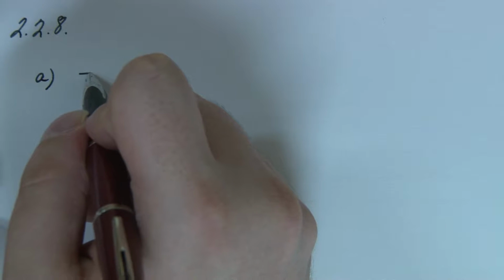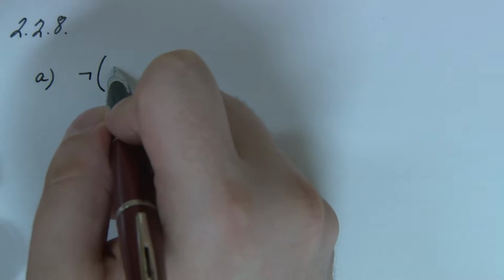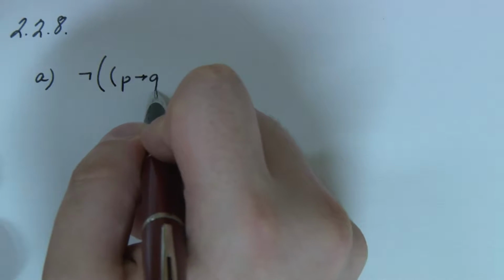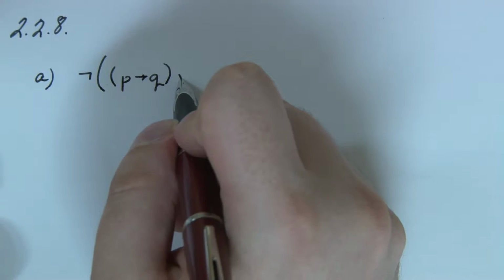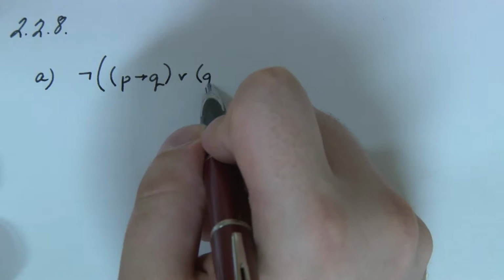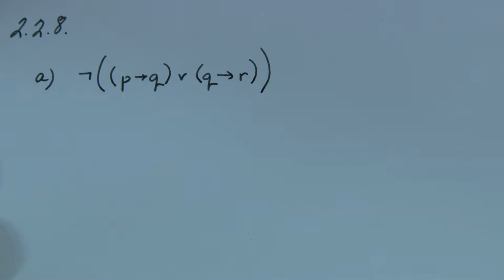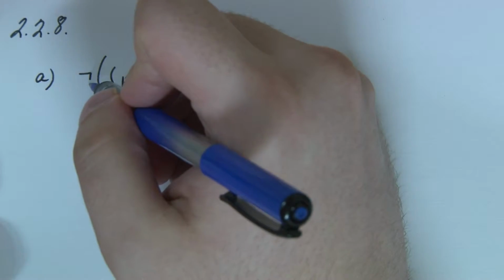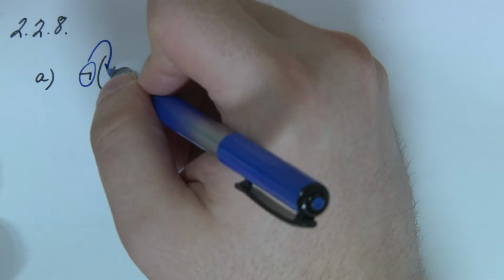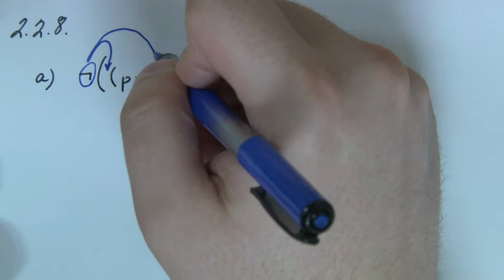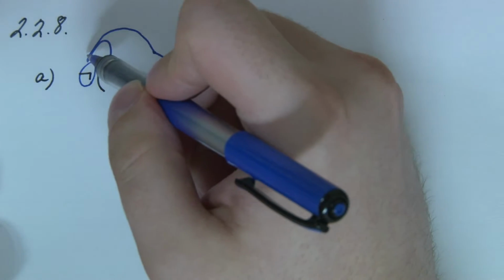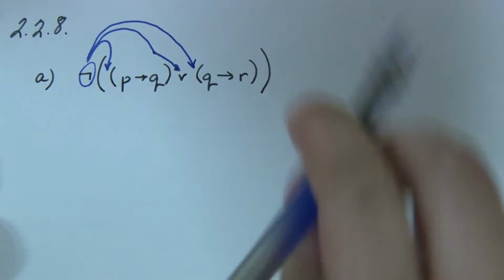So, for instance, I have a negative here, and P implies Q, or I have Q implies R. Like I said, De Morgan's law gives us a way to distribute this negative. So I can take this negative and apply it here, to here, and then also to this term here.